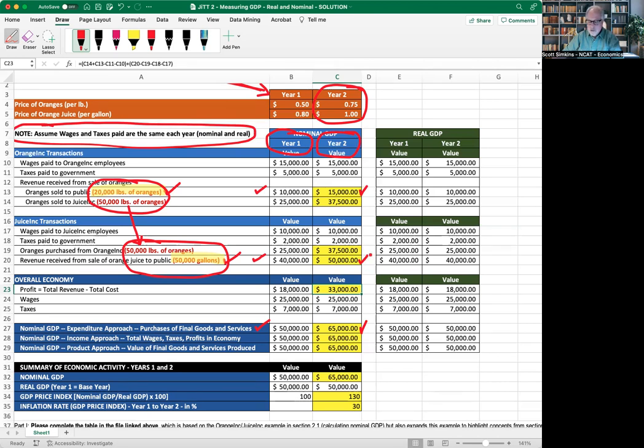The wages and taxes are going to be the same here as they were in year 1. What's going to be different is the profits, partly because the price of oranges and the price of orange juice increased while the cost of the labor and the taxes paid haven't. So profits are going to be higher in year 2. And so those are all going to add up to 65,000. So nominal GDP has gone from 50,000 to 65,000 from year 1 to year 2.